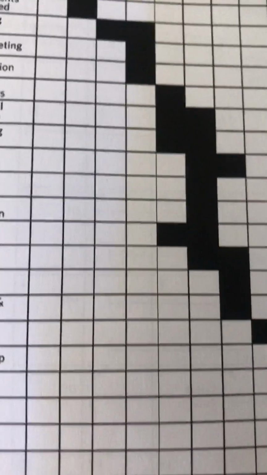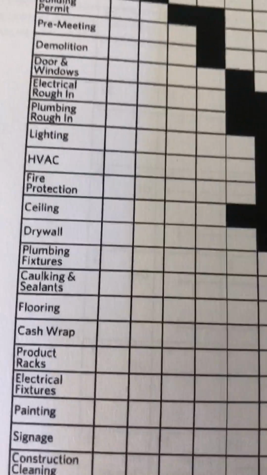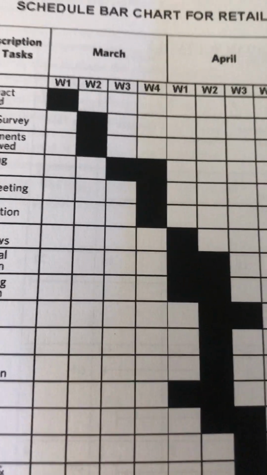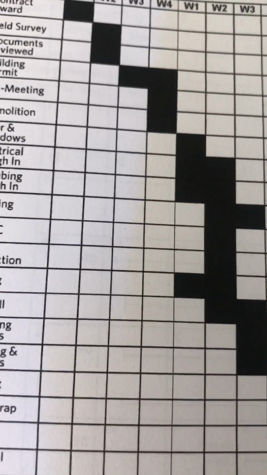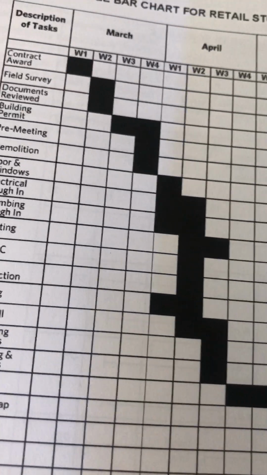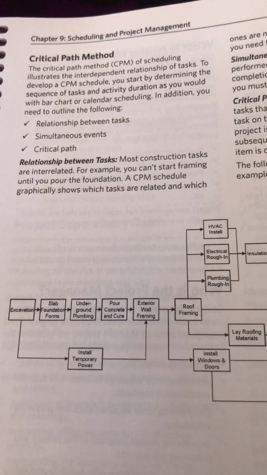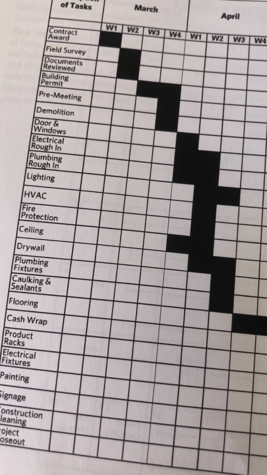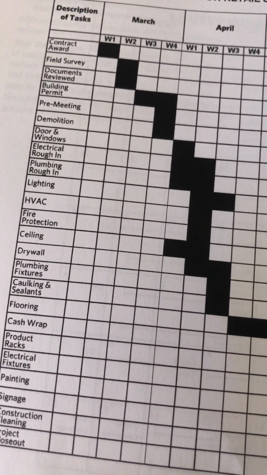So on a chart, you could schedule that they start before the framers are completely done. Maybe you could have a week where the drywallers and the framers are both there. But the idea with the critical path method is that those drywallers come in and start working where the framers are done.